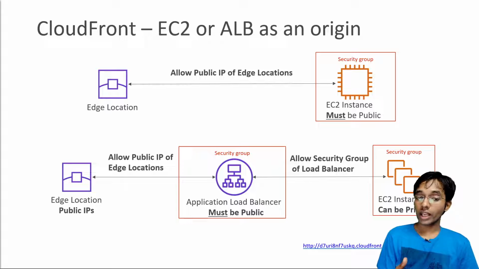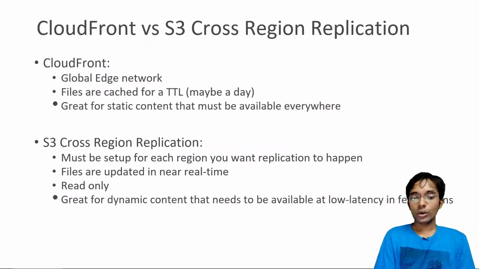But for the security group of your EC2 instances in the backend, these EC2 instances can be in a private subnet, just like we have seen before. The best practice in this case is to allow the security group of the load balancer into our EC2 instances. It is very important for you to see this once to really understand how your edge locations are going to reach your architecture, because network security comes up in solution architecture everywhere.